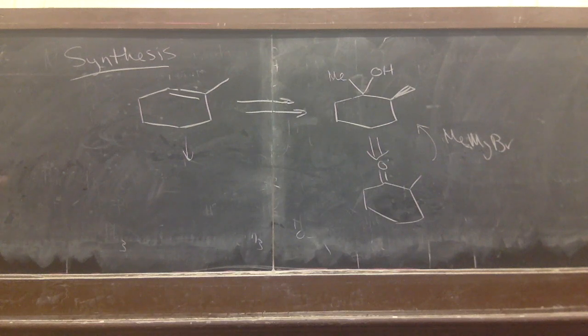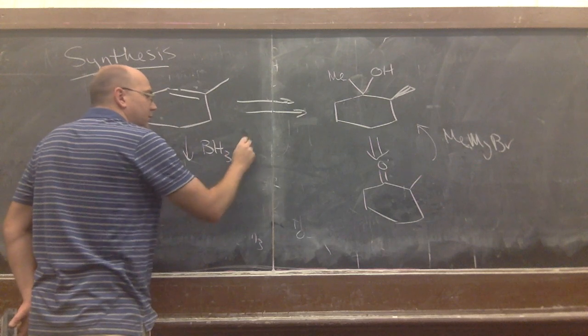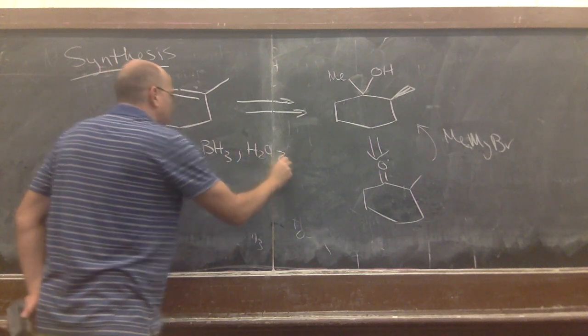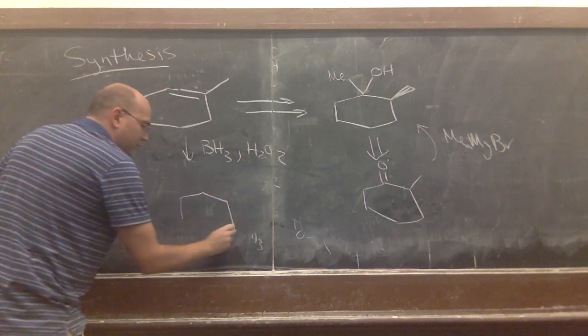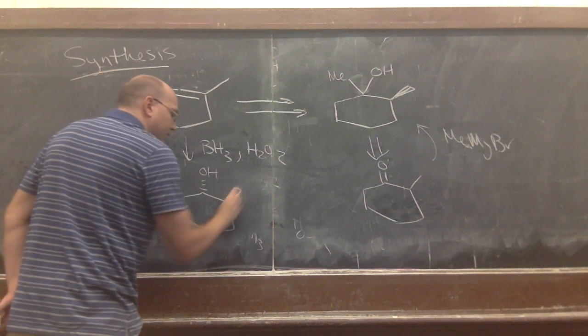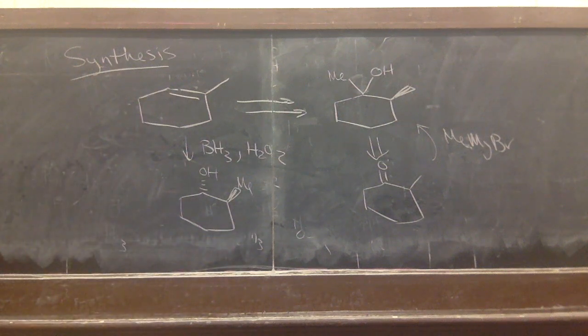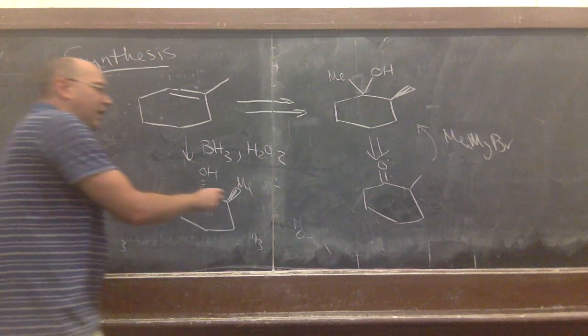We use BH3 hydroboration. And then what's the product? Then what do we got? How do we go from here to here?